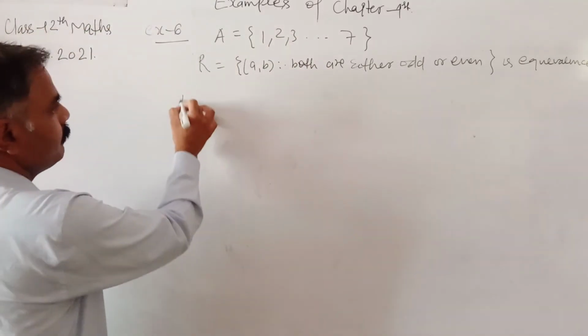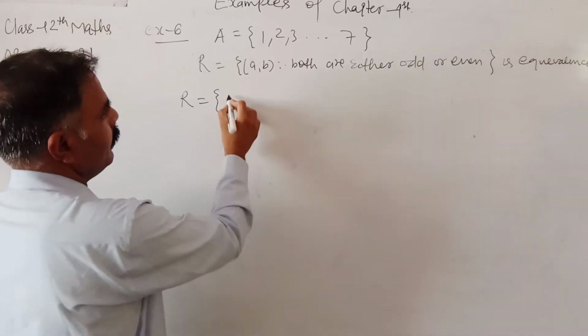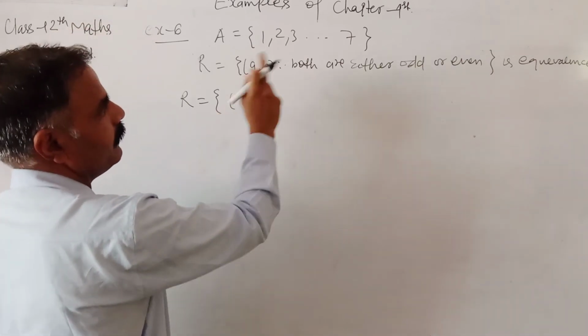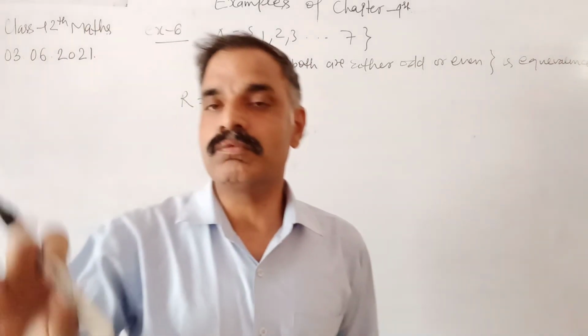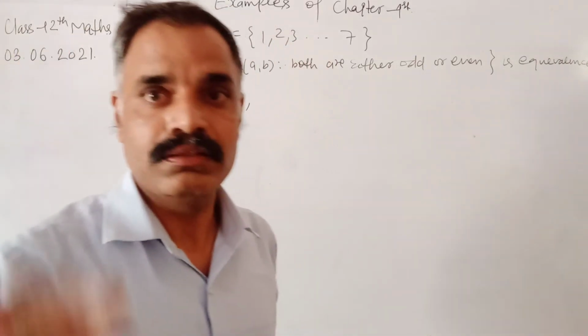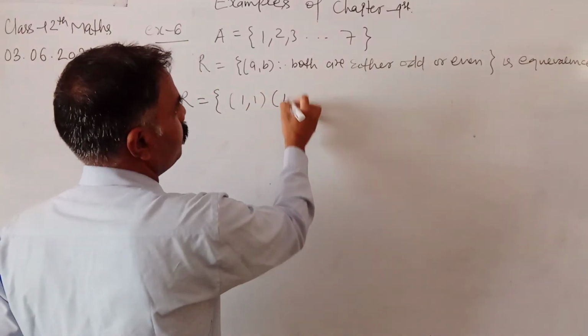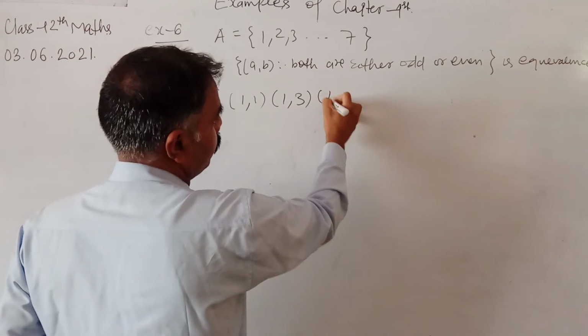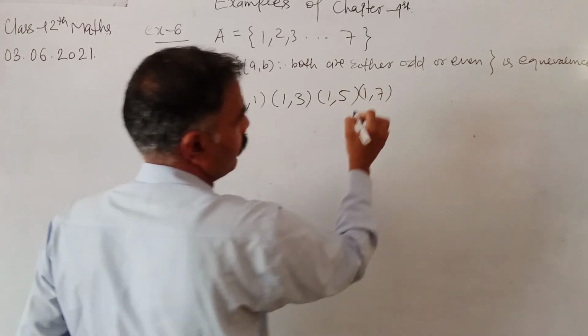So when we put the given relation in roster form, since 1 is odd, 1 will be related to 1, 3, 5 and 7.